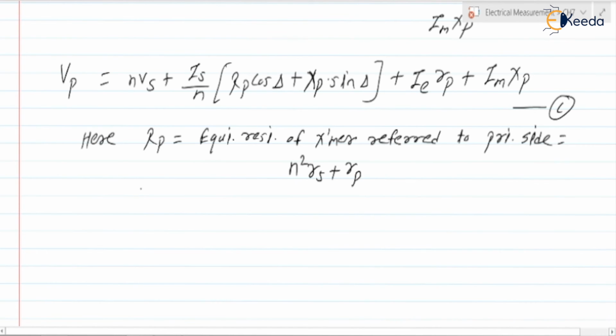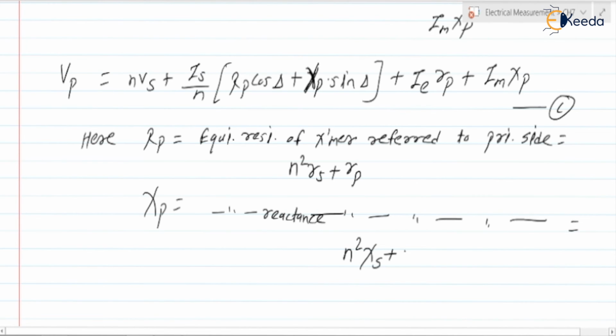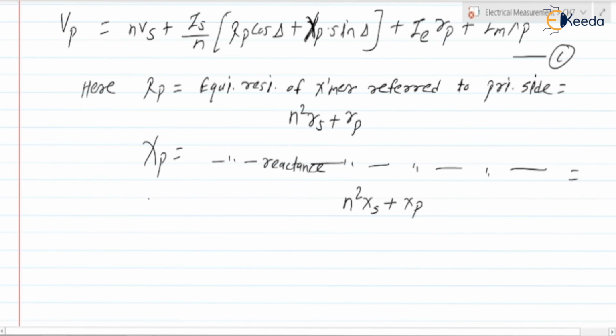Similarly, capital Xp is the equivalent reactance of transformer referred to primary side, which is equal to n square into Xs plus Xp.